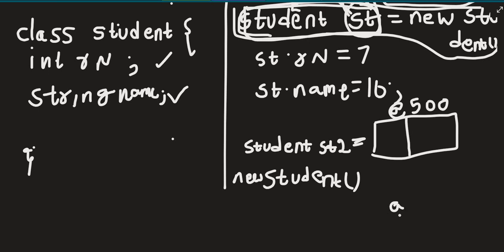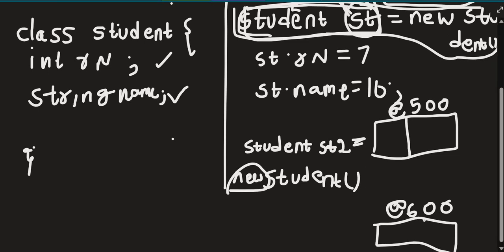First it locates the address, it gives some location, and afterwards what does this new indicate? New indicates creating the memory. So I am creating the memory.